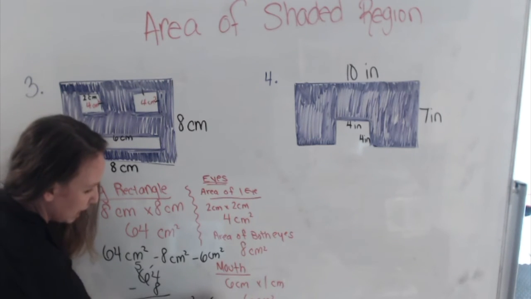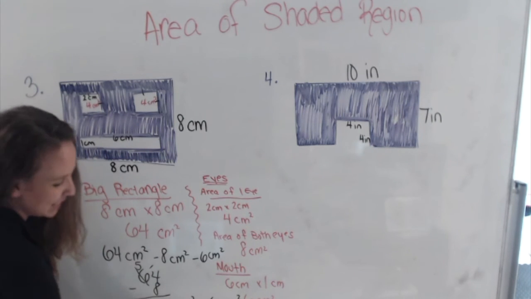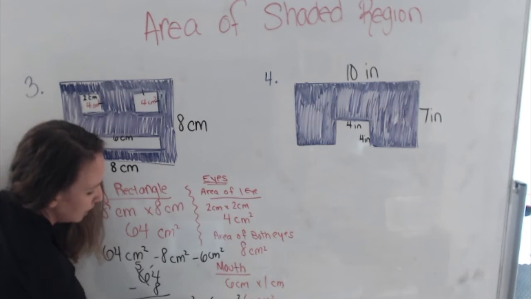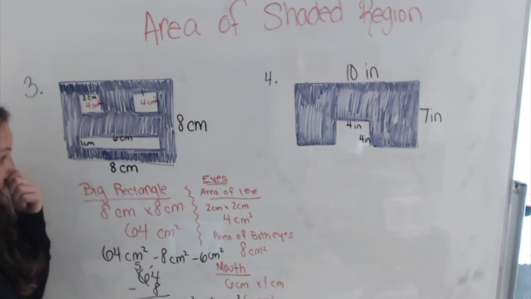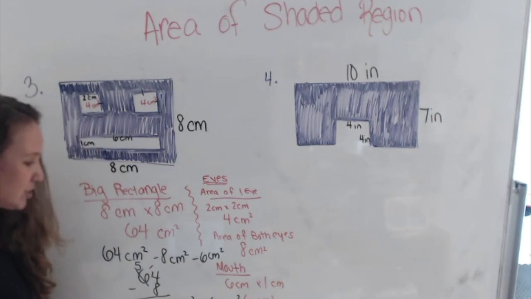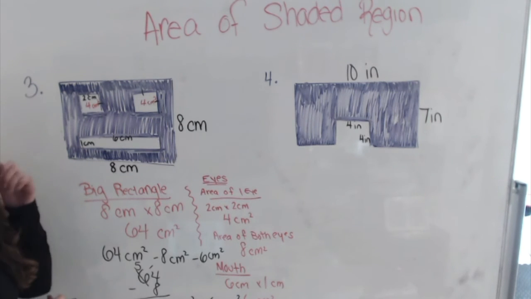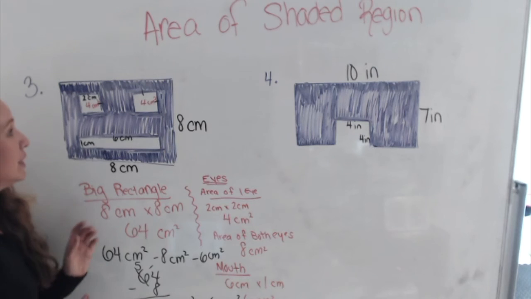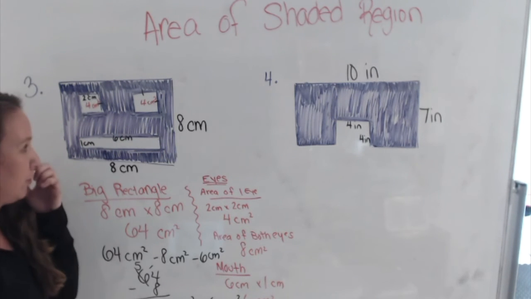And now I'm going to take out 6 centimeters squared, and 56 minus 6, I feel like we all know, is 50 centimeters squared. And just like I said before, whenever you're working, you should box or circle your answer so your teacher knows where to look. So that's problem number 3. If you notice, it had a lot more parts to it than any of the other problems we've done before.